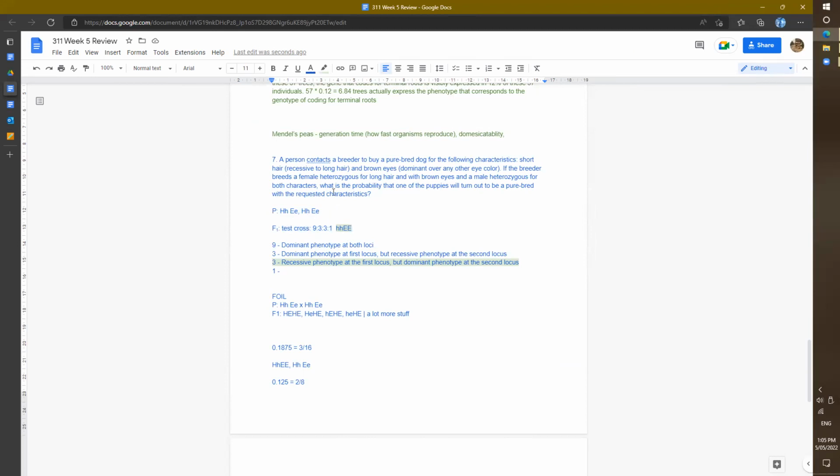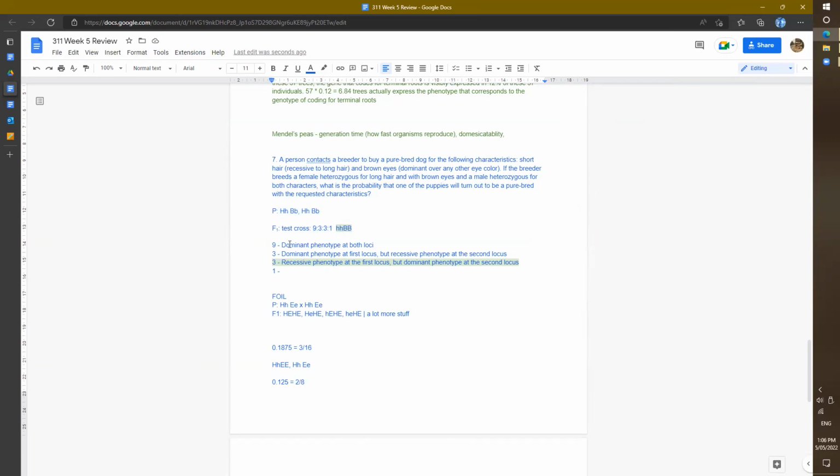So we see that a breeder breeds a female that is heterozygous at both loci with a male that's heterozygous at both loci. Following our last example, we have Hh Bb, heterozygous at both loci, the hair locus and the eye color locus. And what we want from our offspring is the same thing, hhBB, purebred. However, we know that this cross will produce a 9:3:3:1 phenotypic ratio.